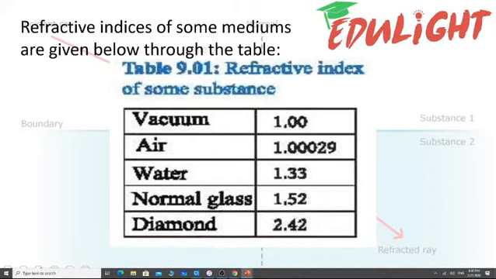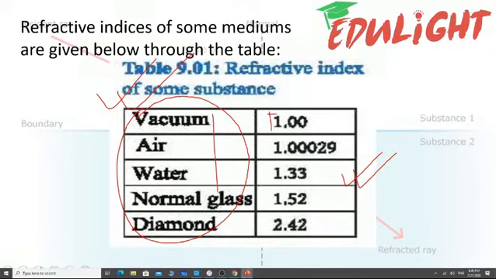Okay, so this is a general table which is not necessary to memorize, but if you go through this table, I think inshallah you will understand how many times the velocity of light in that medium is less than the velocity in vacuum. For vacuum it is 1, for air 1.0029, for water 1.33, normal glass 1.52, then diamond 2.42, and it will go like this.